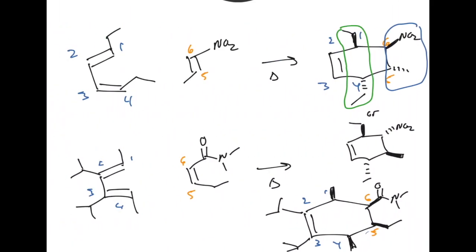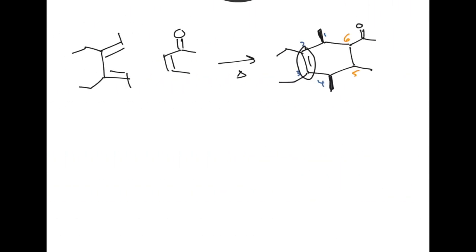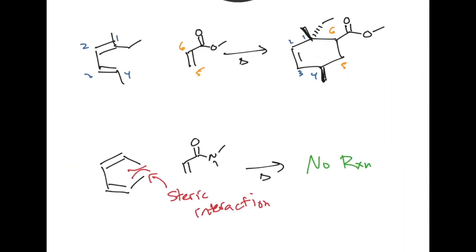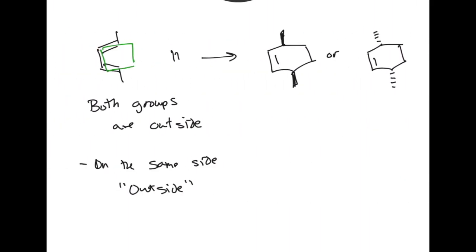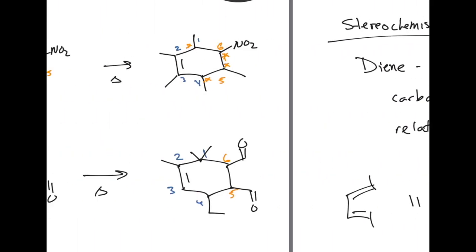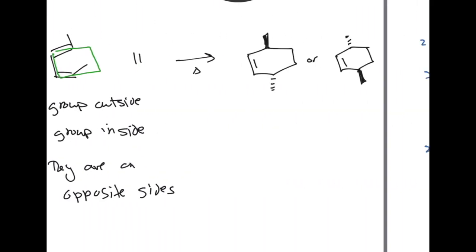If I go back, I think there's one where I have made the dienophile symmetrical. Ah, here we go. Right, that's symmetrical. The reason I did that is because it doesn't matter how they approach each other. If one of the two pieces is symmetrical, you can only ever get one product, right?